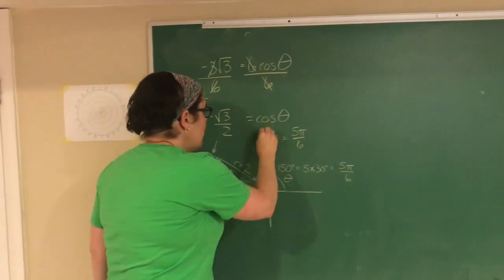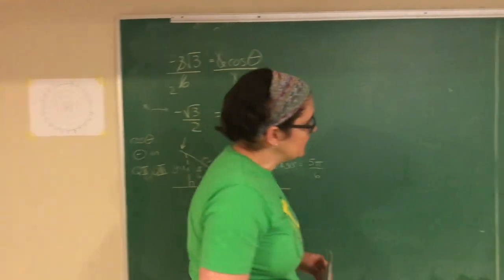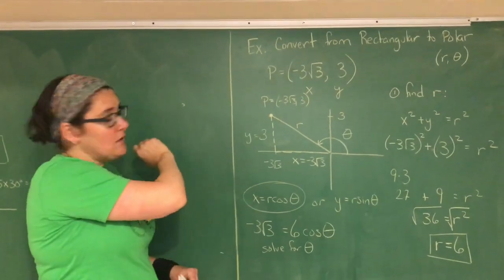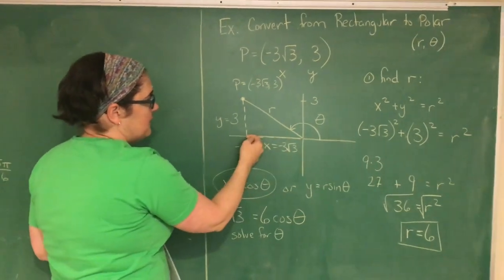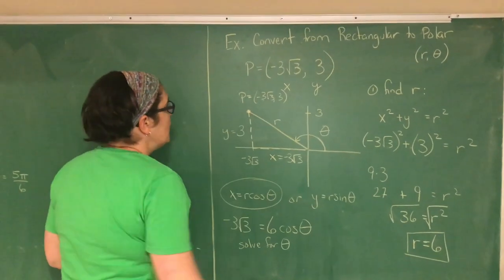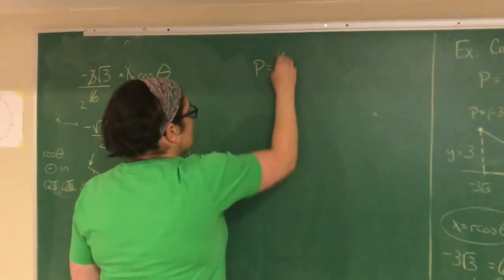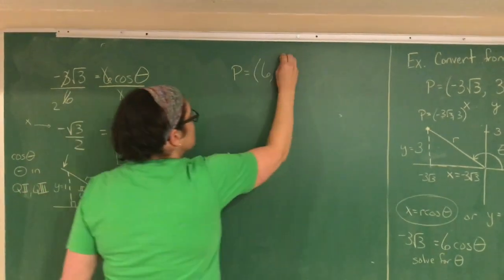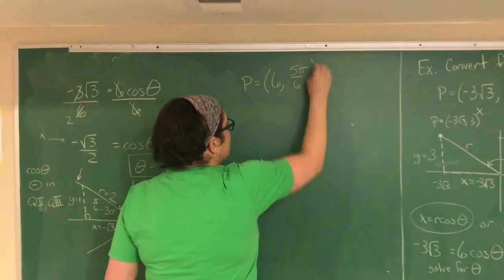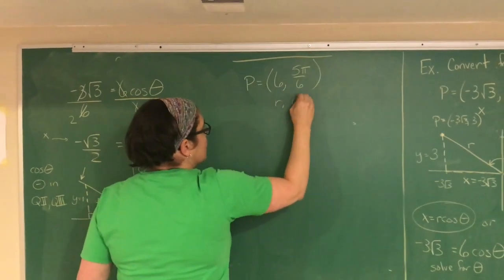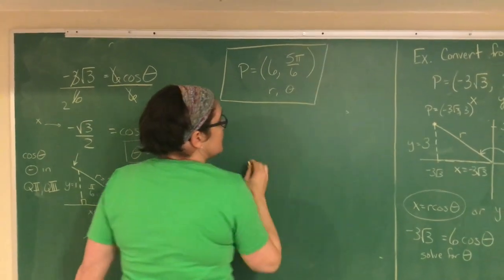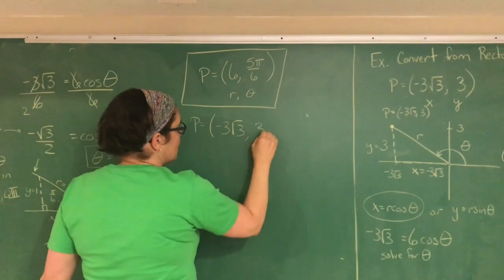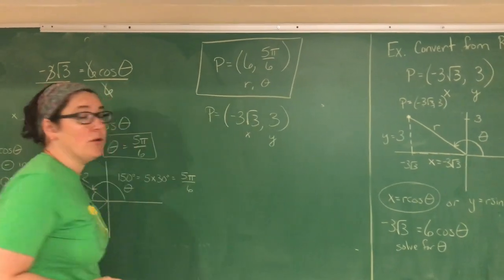Okay, so now we have our theta value, we have our r value of 6, and so our point that we originally drew with an x value of negative 3 root 3 and a y value of 3, we can now describe that point in polar coordinates with an r value of 6 and a theta value of 5 pi over 6. So this is r and theta. And we have now converted our rectangular point of negative 3 root 3 comma 3 into polar coordinates.